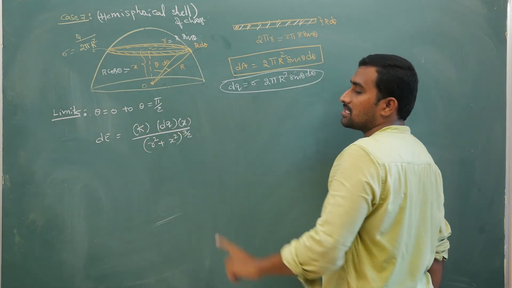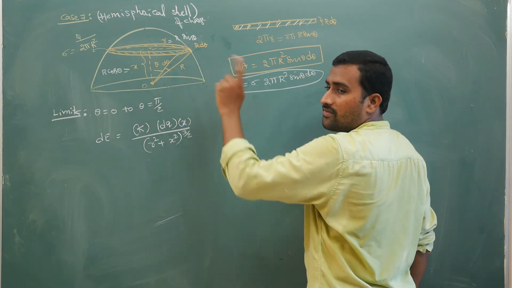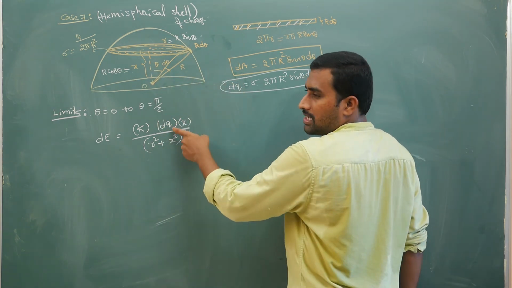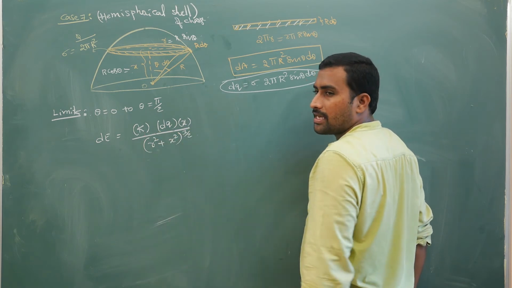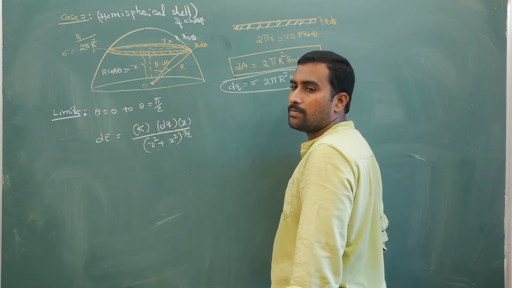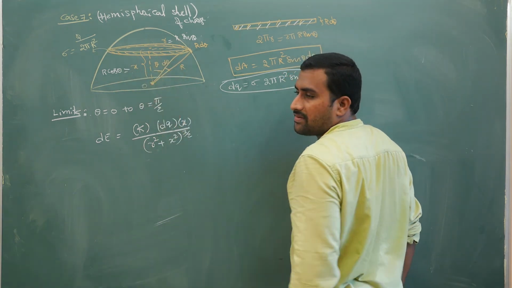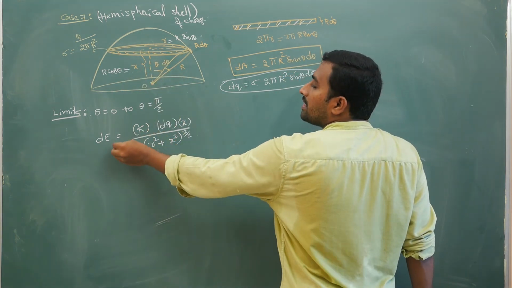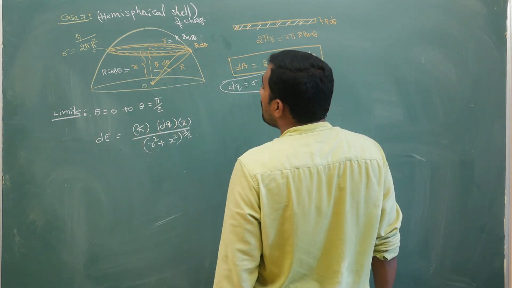Because your patch is in the shape of a ring, we know the formula, which we derived previously: for a ring of charge dq and radius small r, the field is k q x by (r square plus x square) whole power 3 by 2. So dE is equal to k times dq into x by (r square plus x square) whole power 3 by 2.